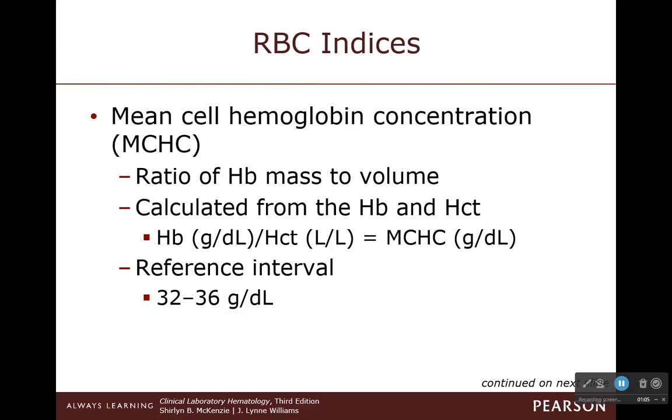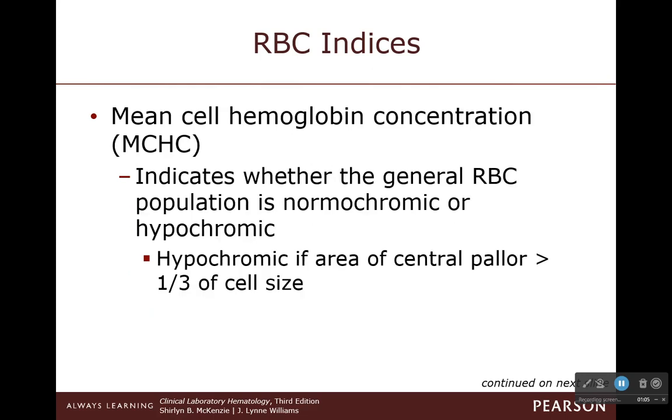So the terms we use most often are normochromic and hypochromic. Okay? Hyperchromic, if we have hyperchromia present, we just call it spherocytes because that's what they are. Okay? Does that make sense?